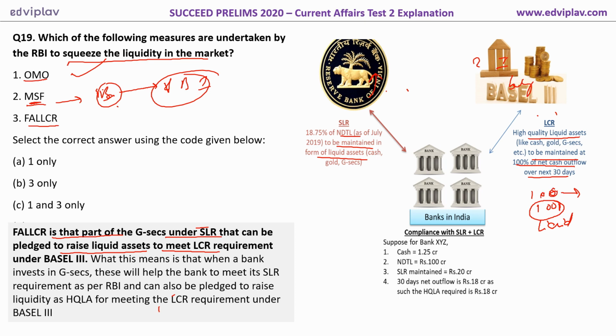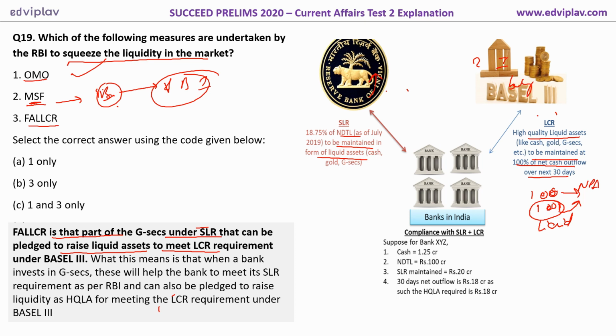If the 100 rupees which is given as loan turns into NPA, then the bank has to keep ready the same amount of money in order to cushion that. So that is about this liquidity coverage ratio.